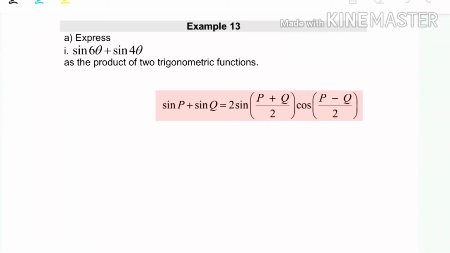Example 13a, part 1: express sin 6 theta plus sin 4 theta as the product of 2 trigonometric functions.